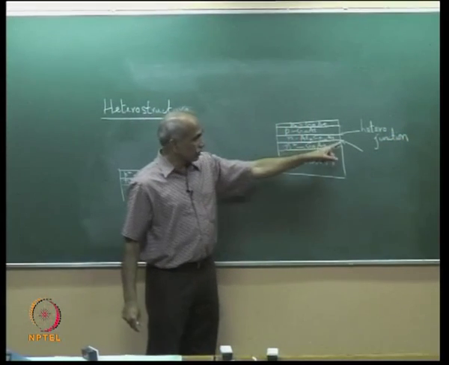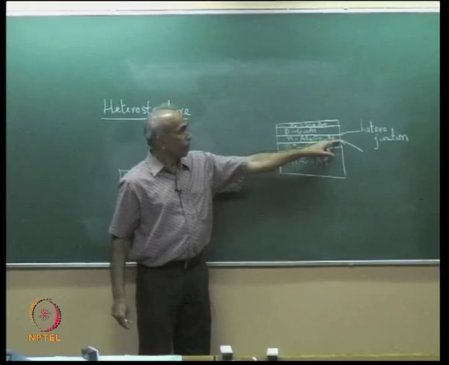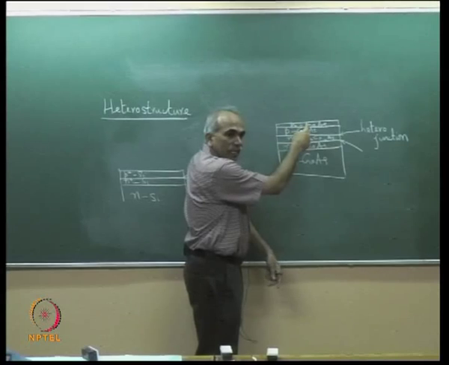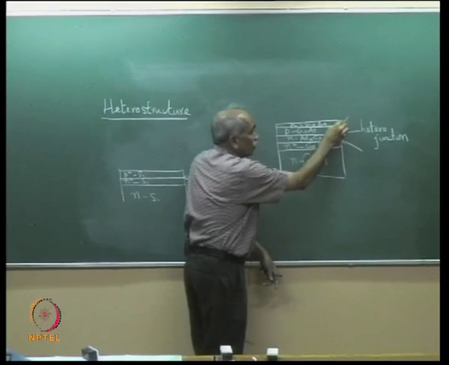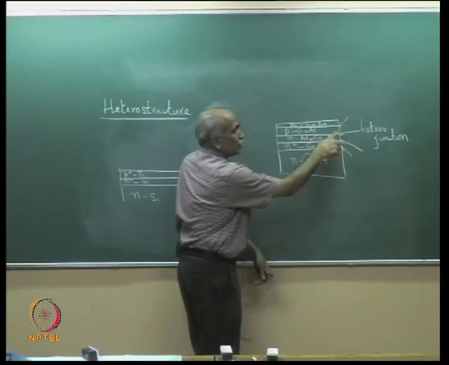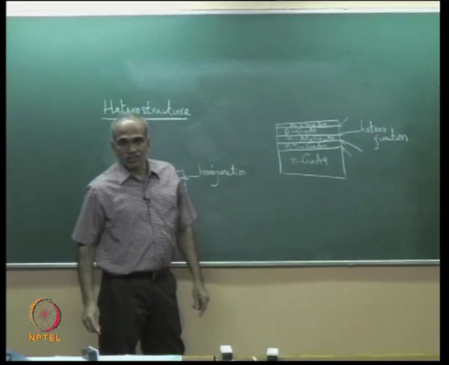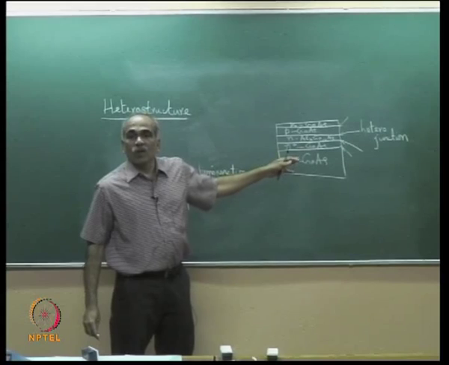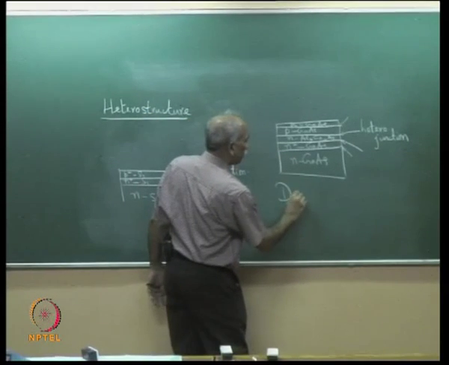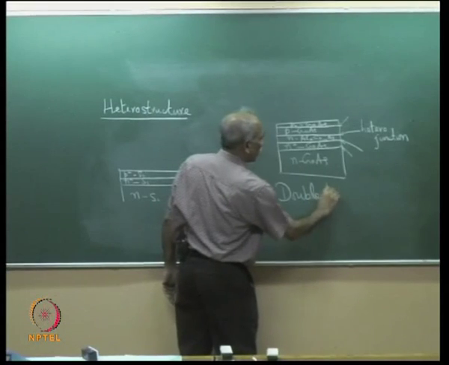There are two junctions in this, two heterojunctions. These are homojunctions. This is p gallium arsenide, p plus gallium arsenide. So, this is a homojunction. But these two are heterojunctions. And this structure is called a double heterostructure.